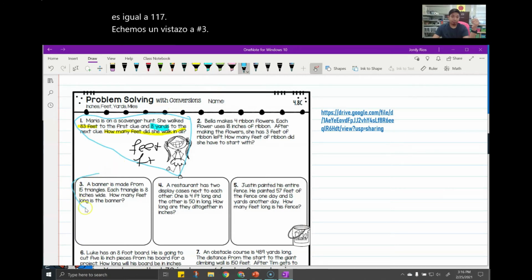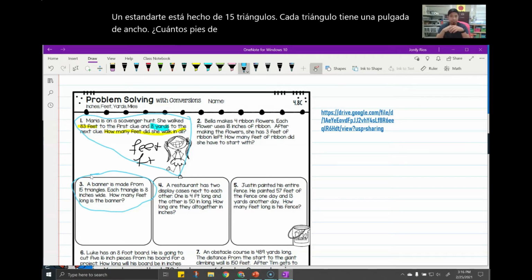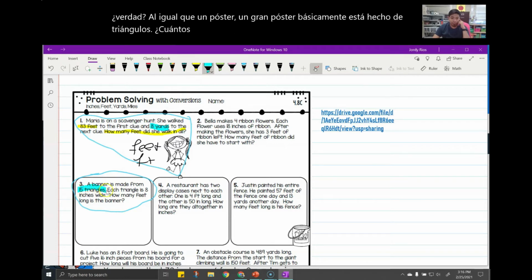Number 3. A banner is made from 15 triangles, okay? Each triangle is 8 inches wide. How many feet long is the banner? So this banner, like a big poster basically, is made of triangles. How many triangles are there? 15.